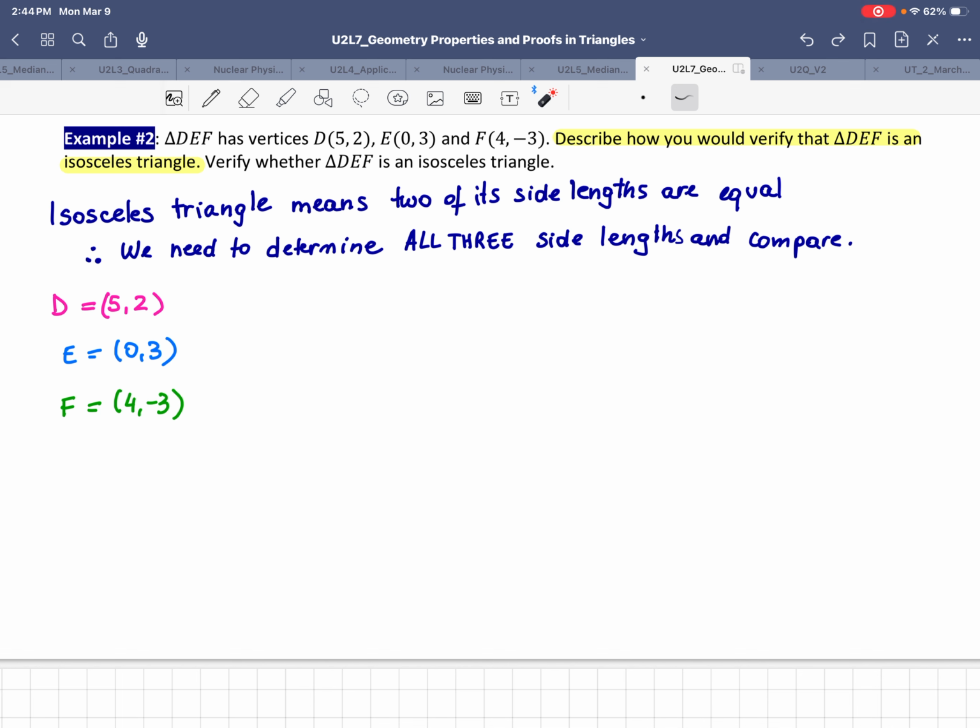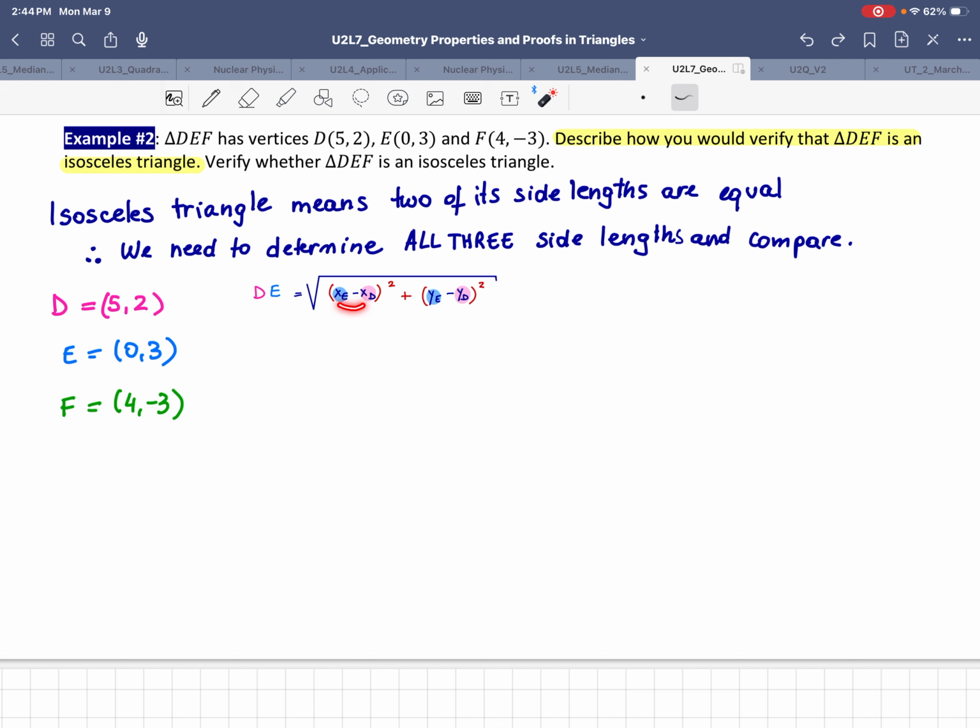So we're going to start off with the length of the side DE. Now, for the length of side DE, we're going to use the length of a line segment formula, which is the square root of x at E minus x at D squared, plus y at E minus y at D squared.